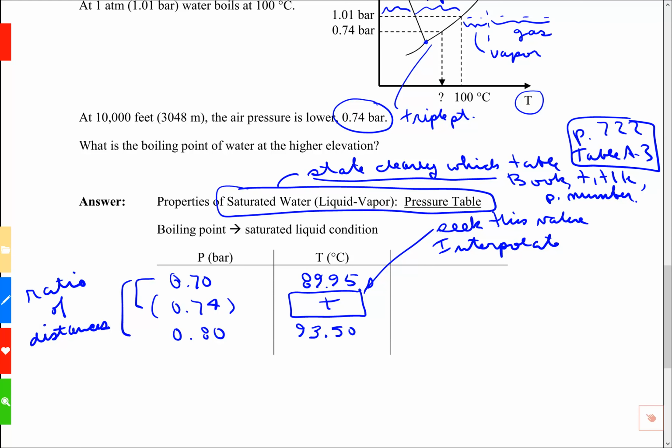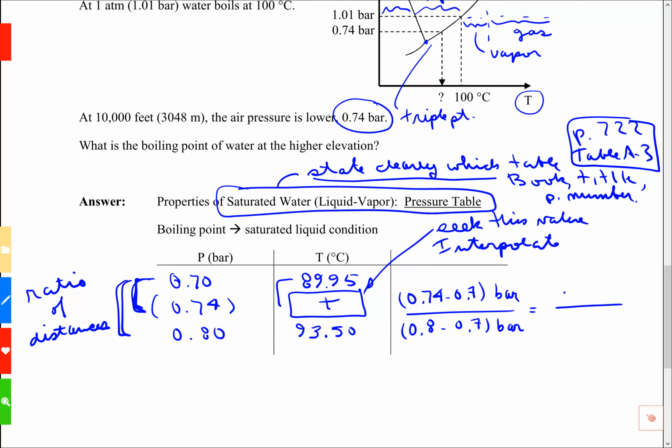Let's set that up. The first distance is the short one. I'm going to put in this short distance here, 0.74 minus 0.7, and that's in bar. I'm going to divide by the longer distance, 0.8 minus 0.7, and that's also in bar. I'm going to set that equal to a ratio of distances here.